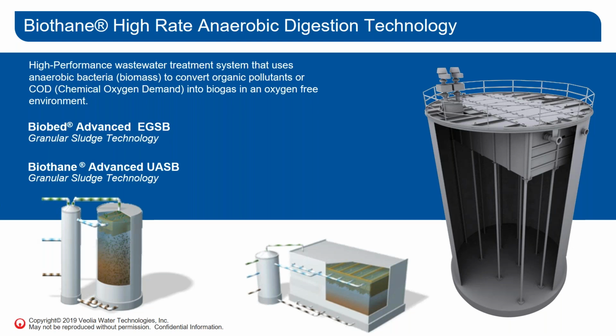One is the UASB system, which is a traditional granular anaerobic upflow system that has been developed in the 80s, and we have many of these systems running, in fact, for more than 3 decades in pulp and paper effluents. I will also zoom in on BioBed advanced EGSB technology, which is a more state-of-the-art technology that we use these days. It is generally speaking more compact and more cost-effective, and I will explain a little more in the next slide.